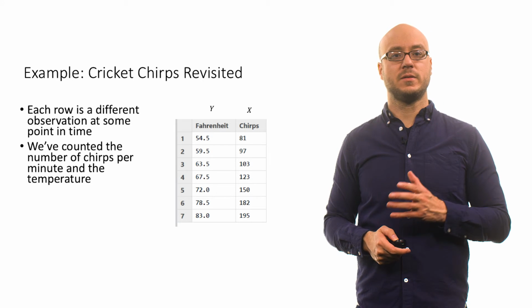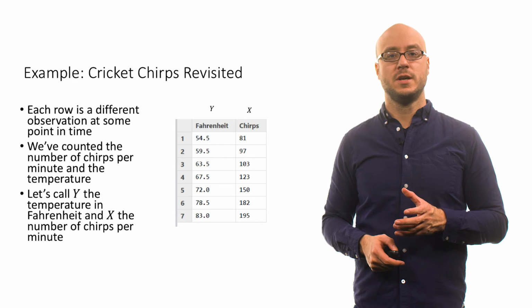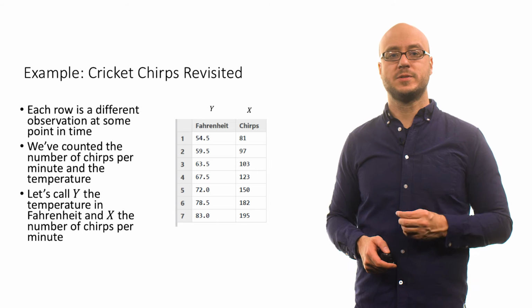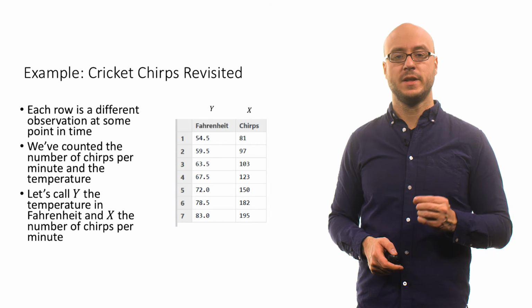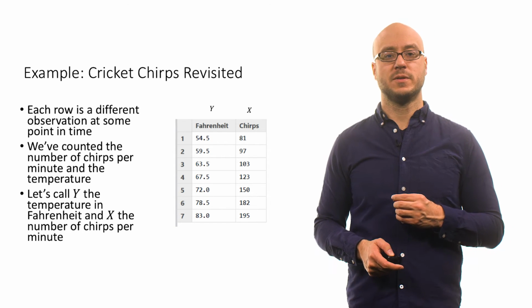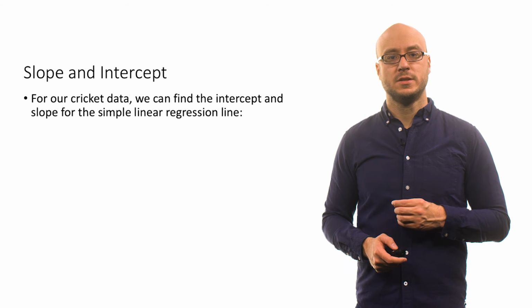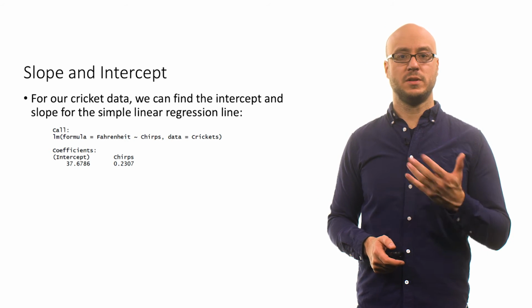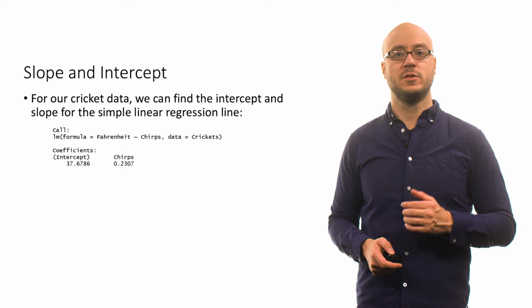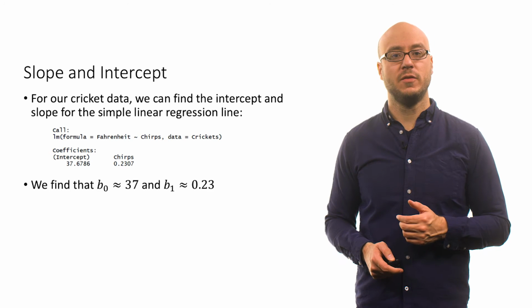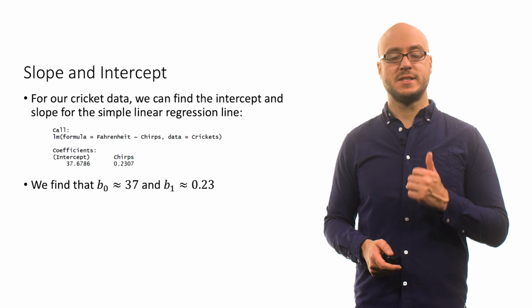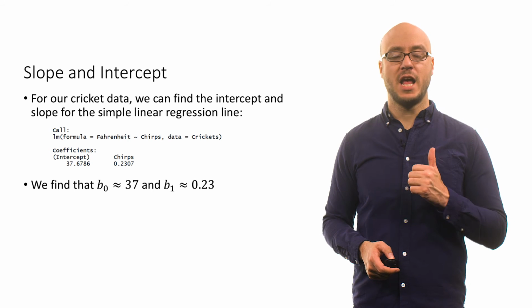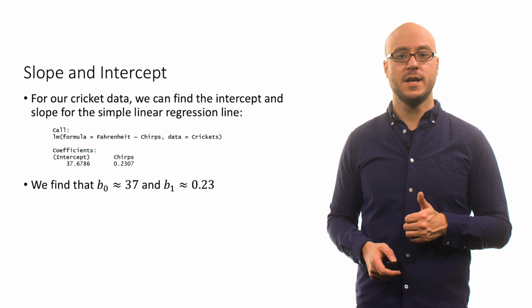So we've counted the number of chirps per minute and the temperature. We're going to call y temperature in Fahrenheit, and then we're going to call x the number of chirps per minute. So for our cricket data, we can find the intercept and slope using a simple linear regression model fit to the scatter plot of data, and we obtain these coefficients. We find that the sample intercept is roughly 37 degrees Fahrenheit.